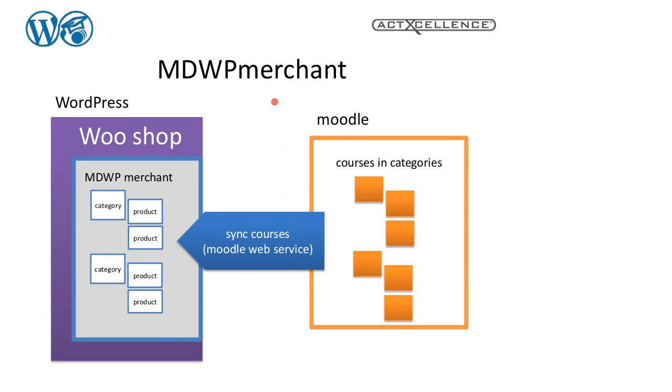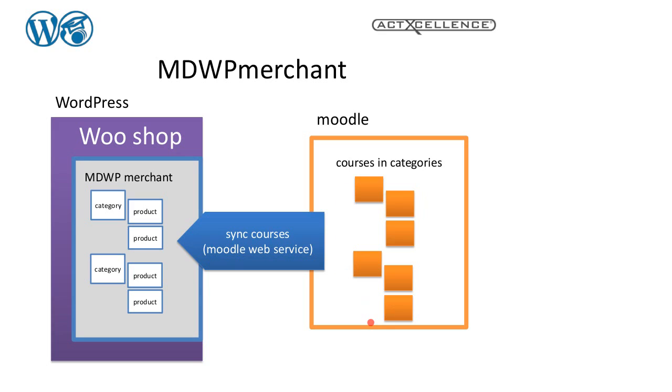I think the power of the Moodle to WordPress Merchant is that it can synchronize your Moodle content to the online shop. So all the courses and categories will automatically be inside of the Woo shop after synchronization. And you can synchronize again and again. So you can totally control the text of your shop pages from inside of Moodle.